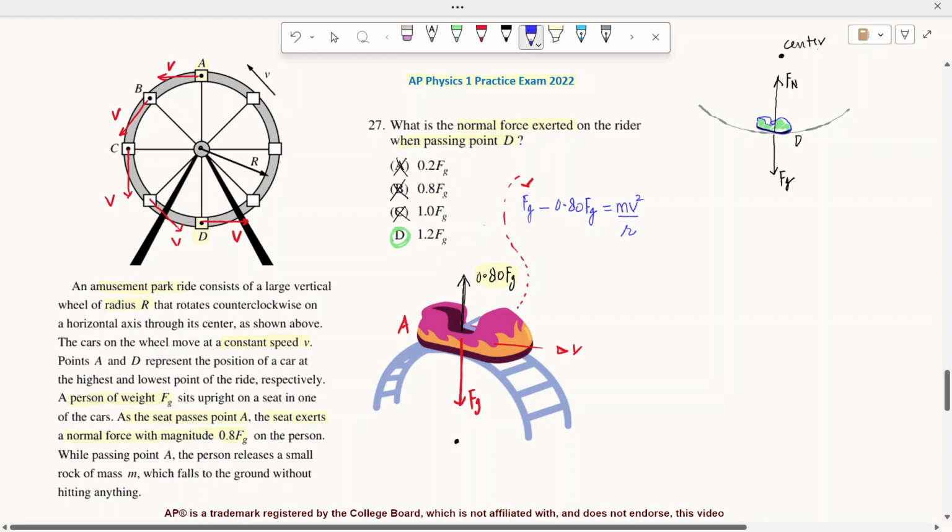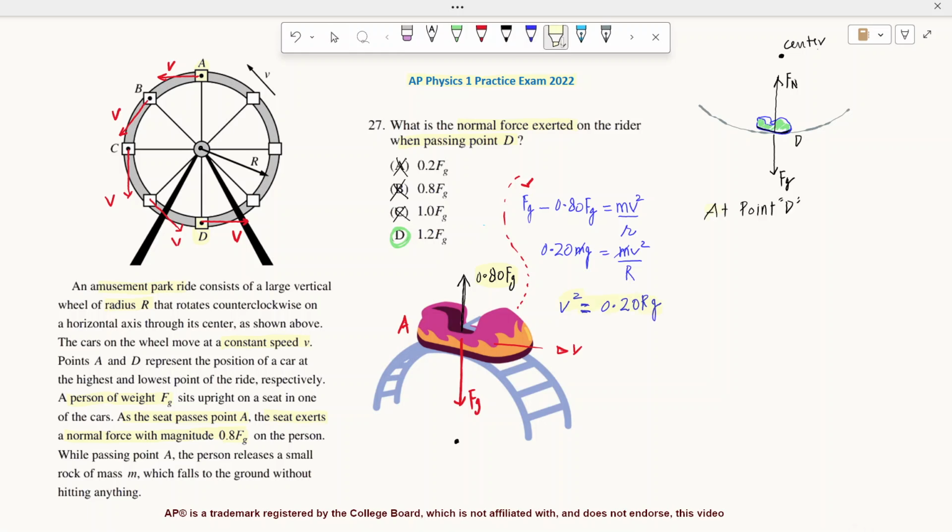So it is equal to 0.20 mg equals mv squared over r, and r is the radius of this wheel. The m cancels out, so you get the equation of v squared from here, and that is 0.20 rg.